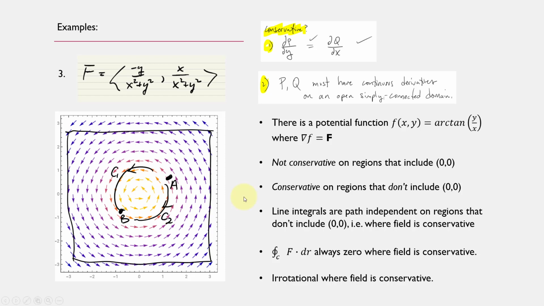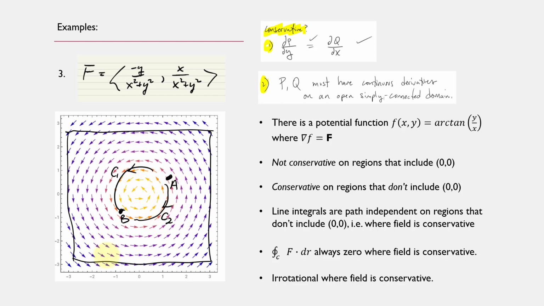Just for comparison, imagine that I change the region on which I define the vector field to include the origin. Now, picking 2 points A and B, the line integral from A to B along path C1 would be different than the line integral from A to B along path C2.